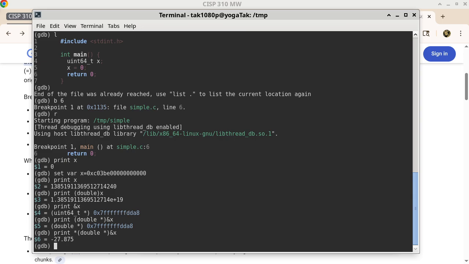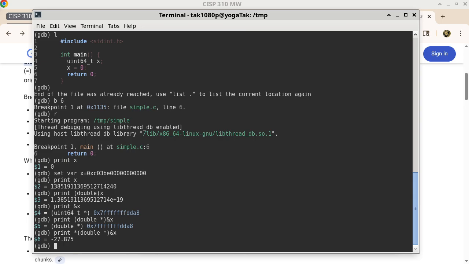Okay, so dereference is what is at a particular address, but how you look at the bit pattern at that address is specified by the typecast. So the typecast is casting the address. In other words, it was the address of an unsigned 64-bit integer, but after the typecast, it became the address of a double.